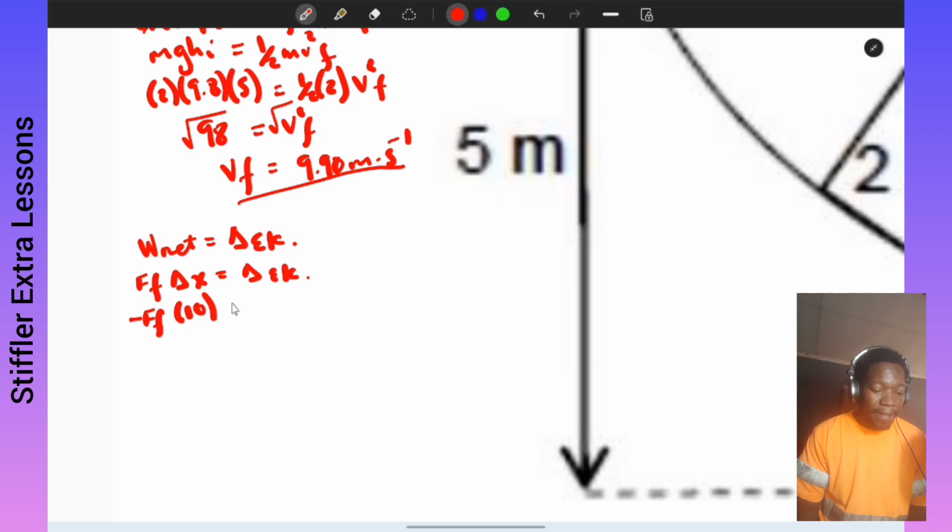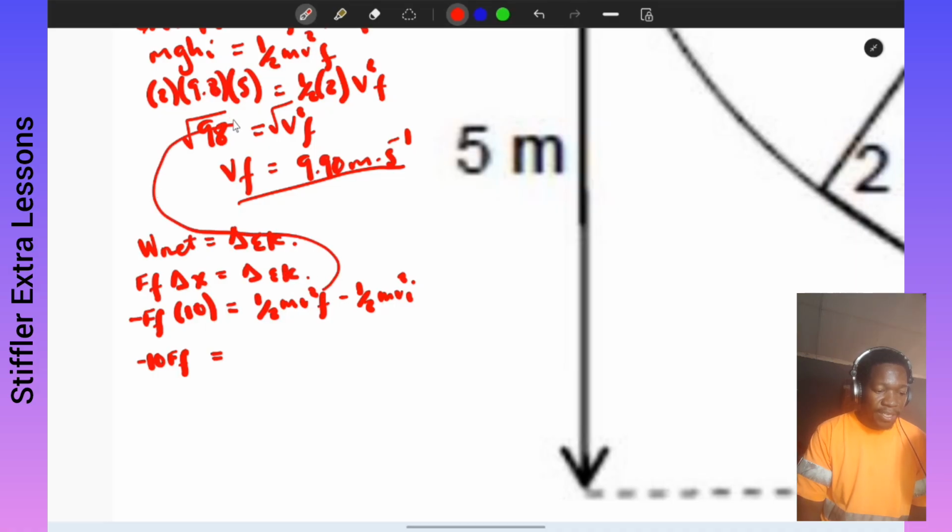What is our displacement there? It is 10, being equal to half mv squared final minus half mv squared initial. So this should be -10 of frictional force. Here we can already see that this was equivalent to 98, so we can just take 98 as it is, minus half times 2 multiplied by the final velocity.